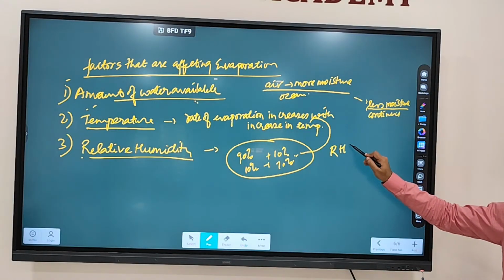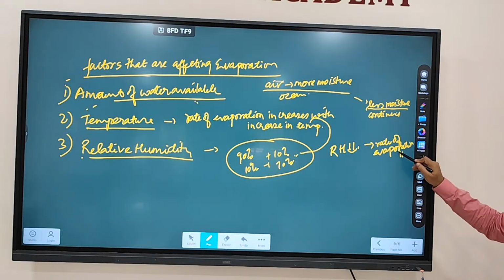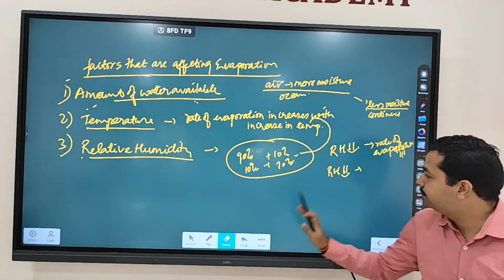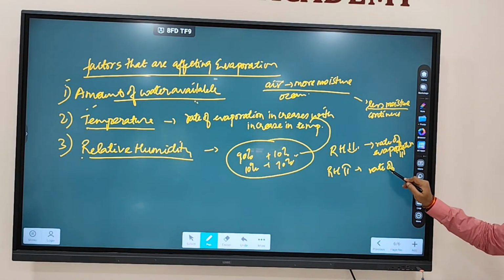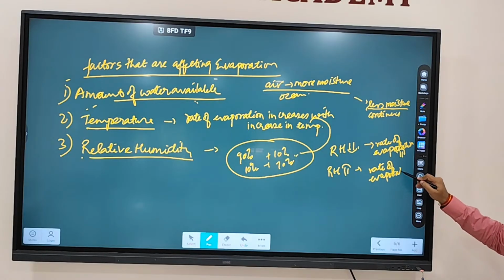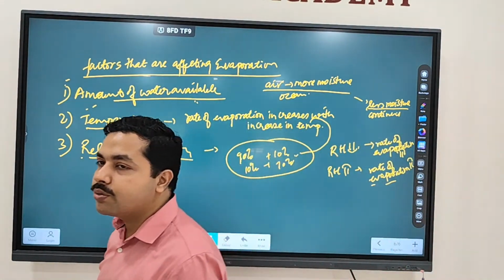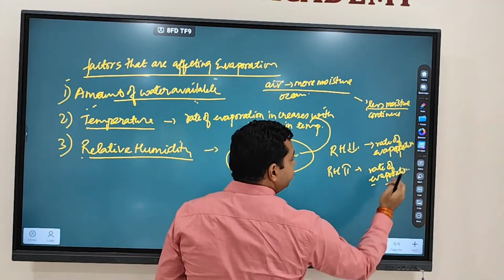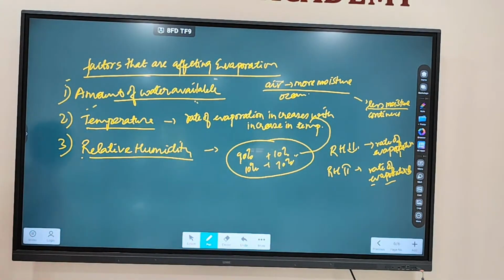So if relative humidity is low, the rate of evaporation will be more. And if relative humidity is high, then the rate of evaporation is going to be low.